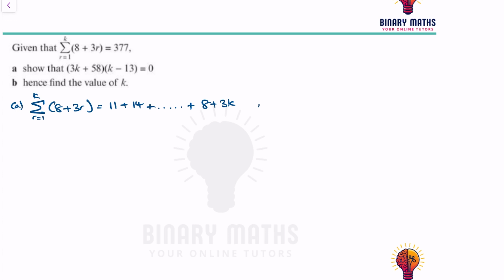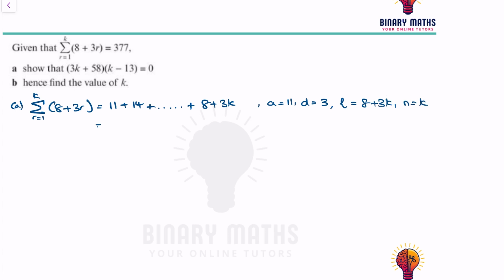Okay, so here, I know it's an arithmetic series again because it's increasing by 3 each time. So a is equal to 11, d is equal to 3, l is equal to 8 plus 3k, and n is equal to k.